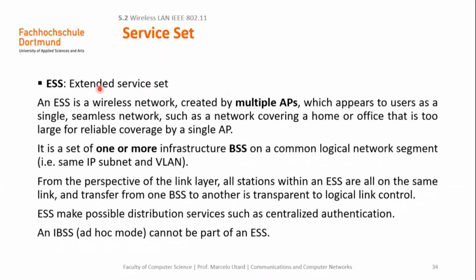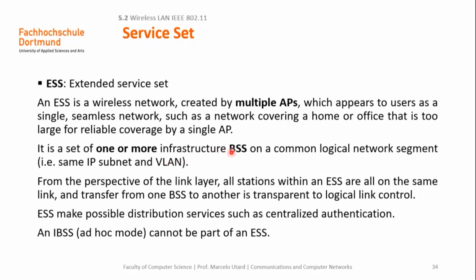Finally, the extended service set, the ESS, is a wireless network created by multiple access points, which appears to users as a single seamless network, such as a network covering a home or office that is too large for reliable coverage by a single access point. It is a set of one or more infrastructure BSS on a common logical network.